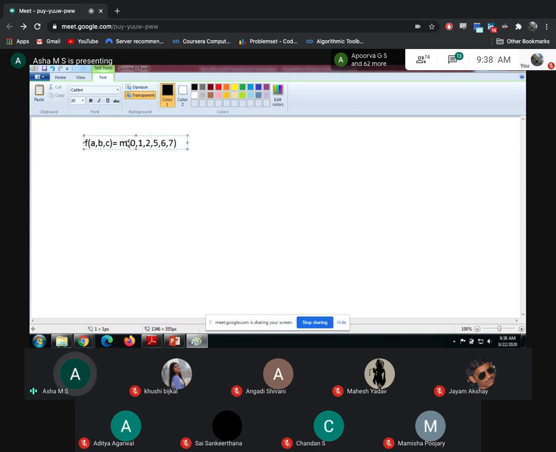So convert this to min terms, means minimal products. Convert this to minimal products fast. Convert these decimal numbers to min terms.